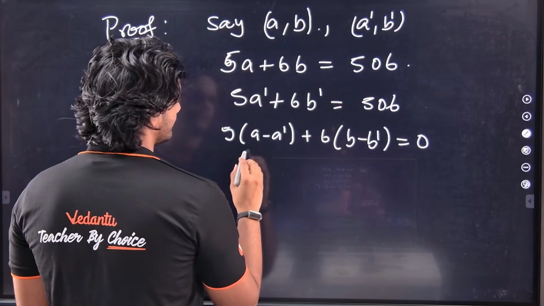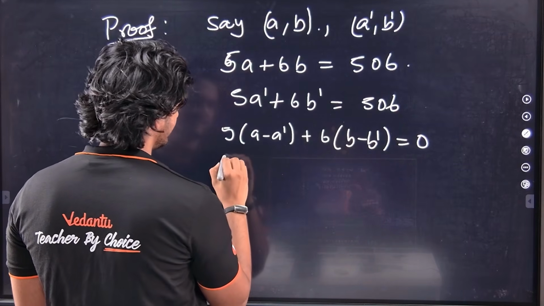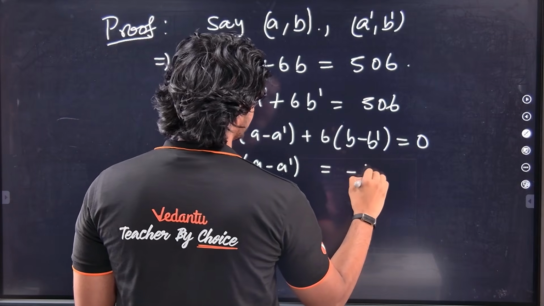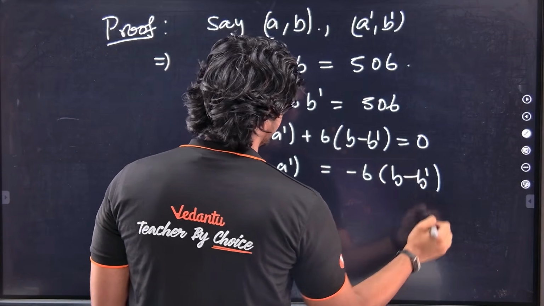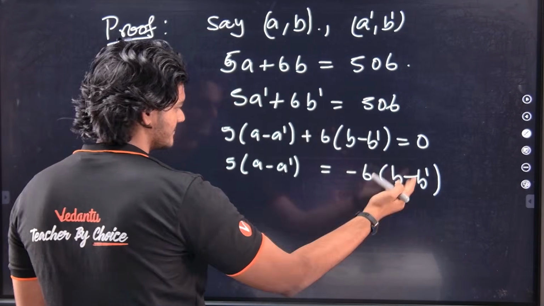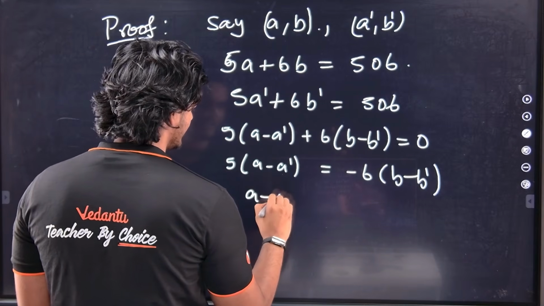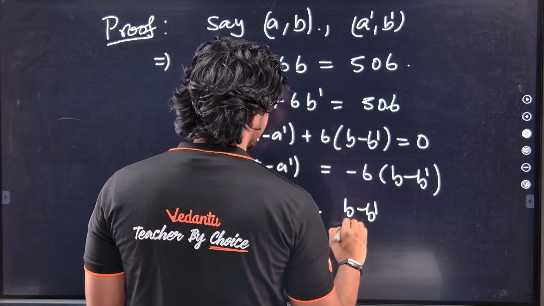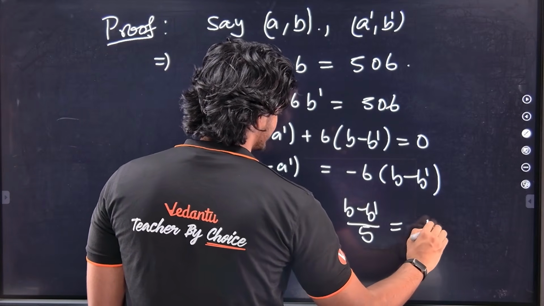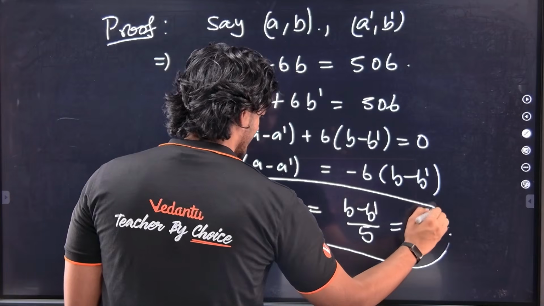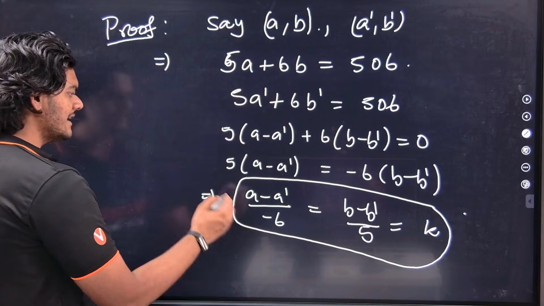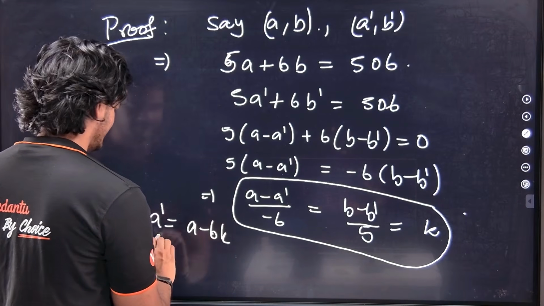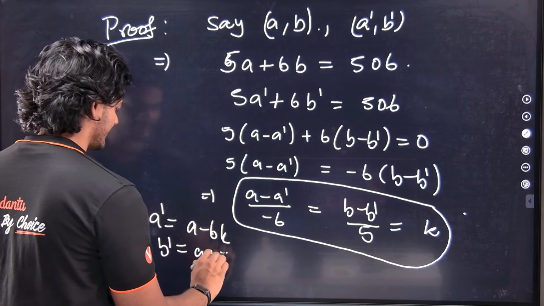If you take 6 to the other side, 5(a minus a dash) will be equal to minus 6(b minus b dash). If you cross multiply, you will get (a minus a dash) by minus 6 is equal to (b minus b dash) by 5. You can take this to be some k, right? So you will get a dash as a minus 6k and b dash as b plus 5k.